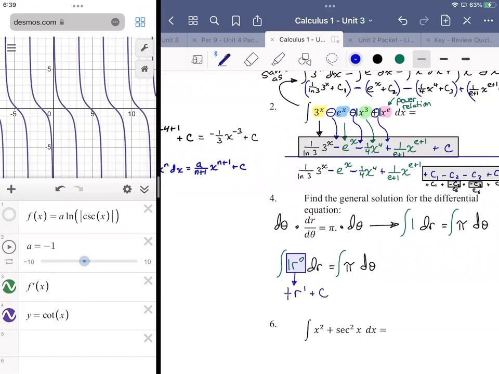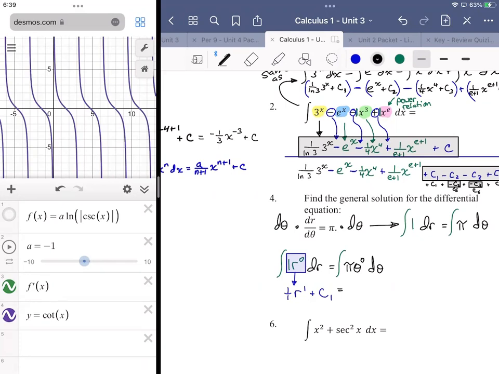Now I have to anti-differentiate a second time, so I'm going to call this c sub 1. Then on the right-hand side, pi d theta, theta is a variable here. So I'm going to write it as pi theta to the 0th power, because again, pi is still constant.